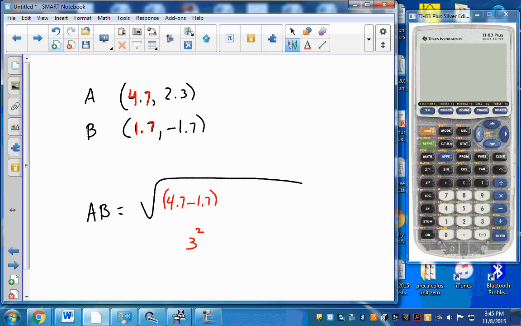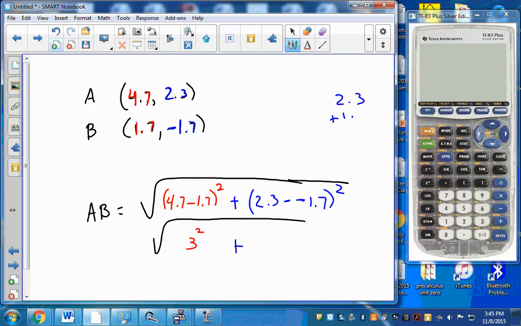And then we're going to subtract the y's. We've got 2.3, and we're subtracting now a negative 1.7. Be careful there. We're subtracting the negative 1.7, so we're going to have to be adding. And we're going to have to square that as well. Each of these differences we have to square. So 2.3, we're adding now 1.7, right?